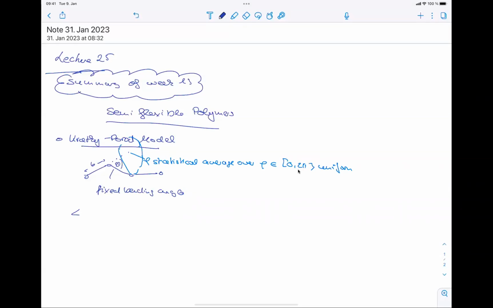So here, from purely geometric consideration, we get the tangent-tangent correlation to be minus cos theta to the power of n.